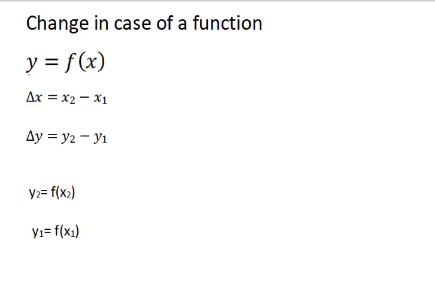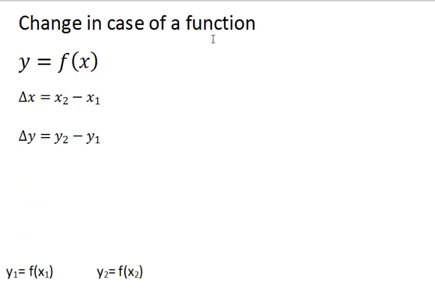So far, in the function y equal to f(x), we have changed the value of x from x1 to x2, then the change is marked by x2 minus x1, which is delta x, and there was a corresponding change in y. Let's say y changed from y1 to y2, where y1 was f(x1) and y2 is f(x2), given by delta y equal to y2 minus y1.